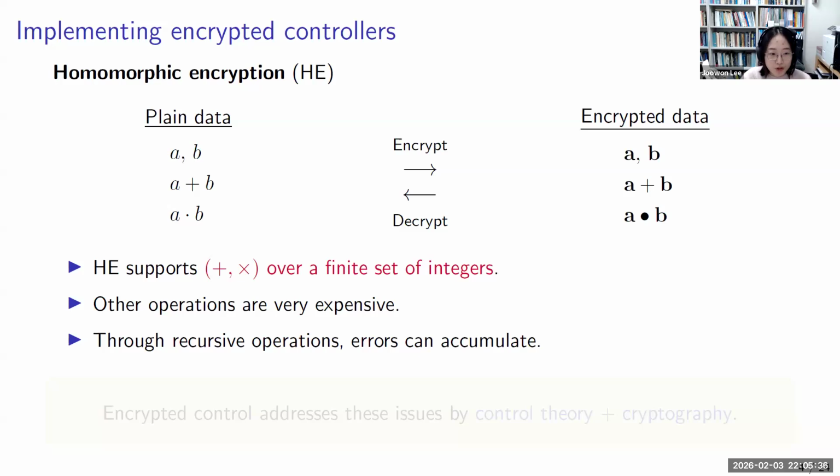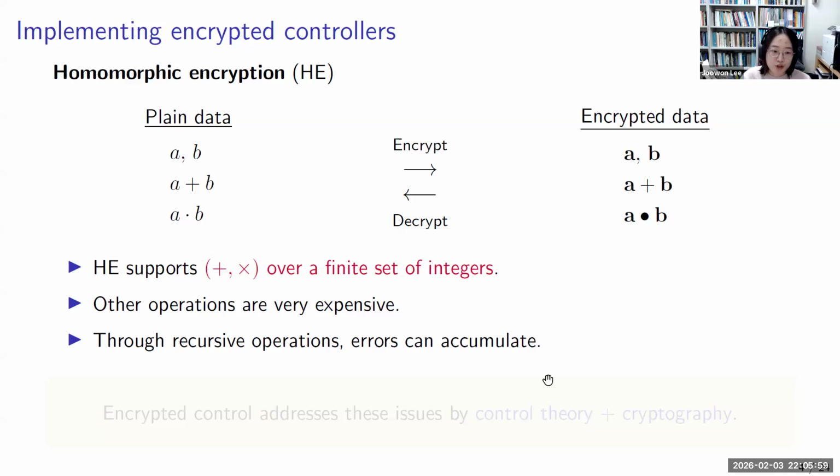And homomorphic encryption supports addition and multiplication over a finite set of integers, which means that these plain data A and B belong to a finite set of integers, and other operations are very expensive for real-time control operation.